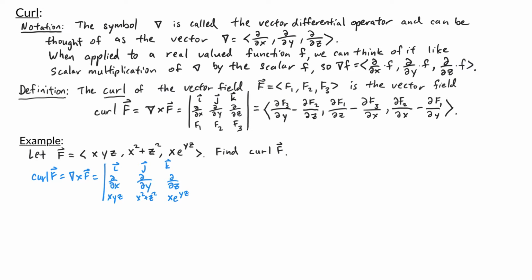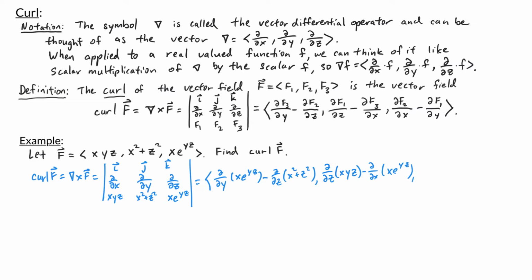So in this determinant, the first component is partial derivative of x e to the yz with respect to y minus partial derivative of x squared plus z squared with respect to z. The second component is the partial derivative of xyz with respect to z minus the partial derivative of x e to the yz with respect to x.